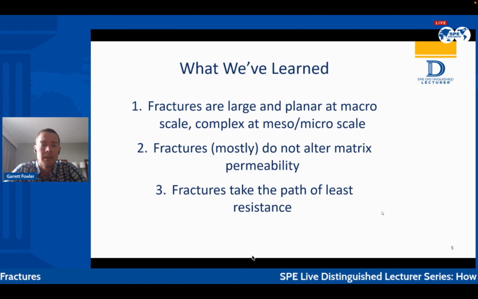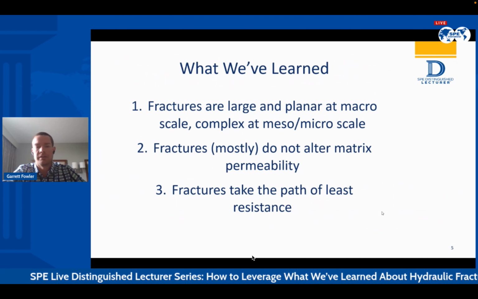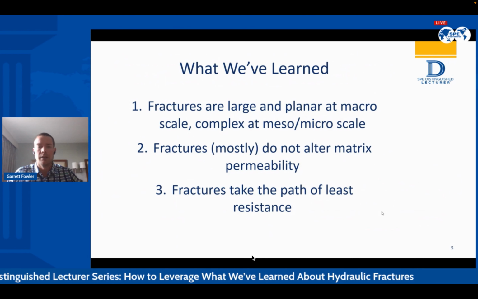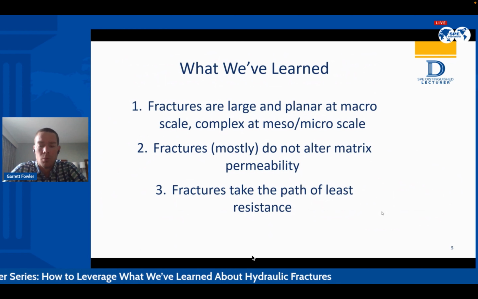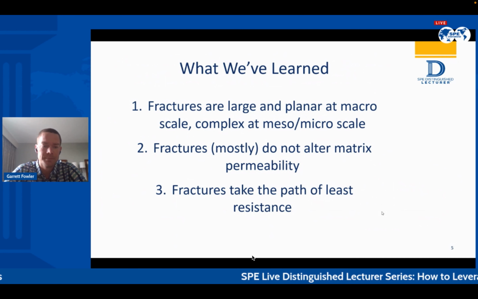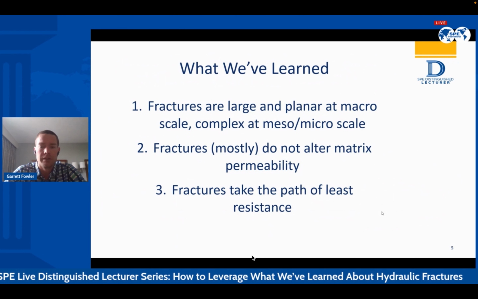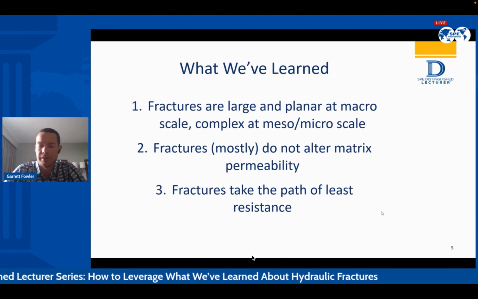Secondly, fractures mostly do not alter the matrix permeability. When we understand how large these fractures are and reconcile that with what it means in terms of productivity, we end up with solutions where we are producing from the initial virgin rock permeability. And thirdly, fractures take the path of least resistance. We see coalescence and convergence in the far field as well as in the near field.